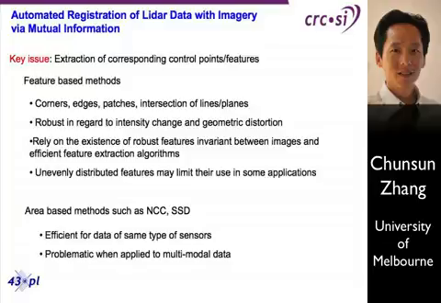There is a huge amount of research in image registration, based on feature-based or area-based approaches. Some of these methods have been implemented successfully for the registration of imagery acquired from the same type of sensor. But they usually fail to integrate data acquired from different types of sensors, for instance the registration of 3D point clouds and optical imagery.